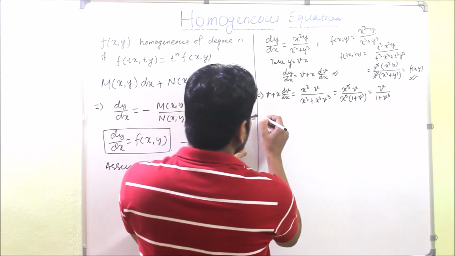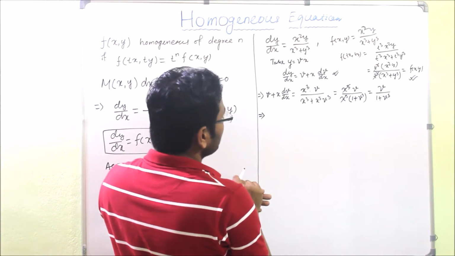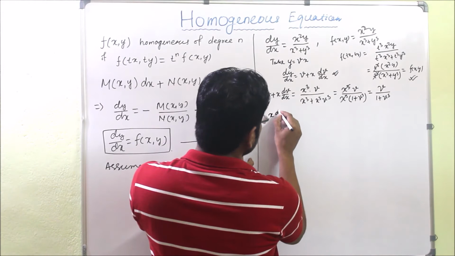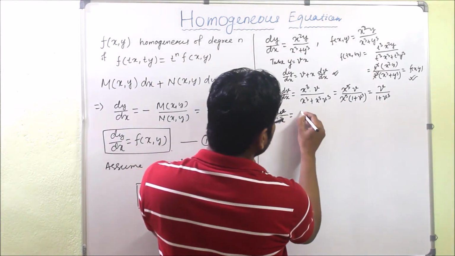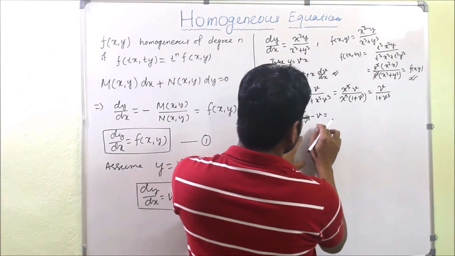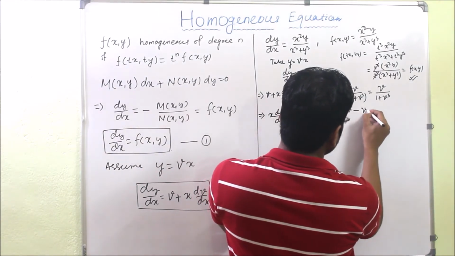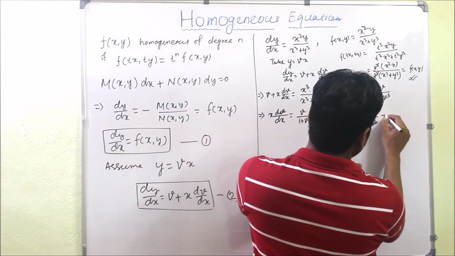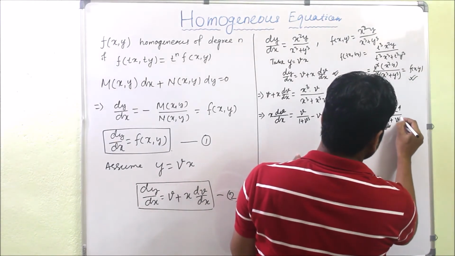Now before doing that, we have to arrange this differential equation. So it will be x dv by dx equal to v by 1 plus v cube minus v. If we solve this one, it will be v minus v to the power 4 divided by 1 plus v cube, which is minus of v to the power 4 by 1 plus v cube.